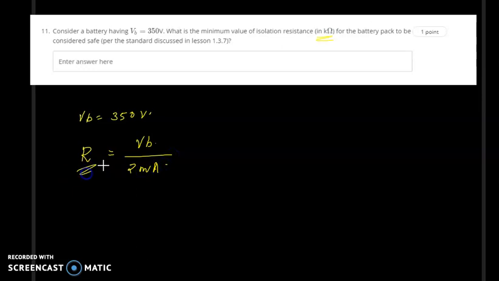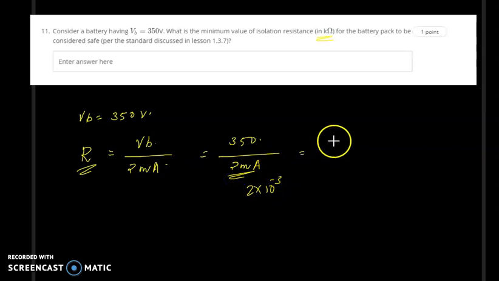This is the minimum value of R for safe operation of this battery pack. Now substitute 350 divided by 2 milliampere, where 2 milliampere is 2 times 10 power minus 3. Just use your calculator and find the value of R.